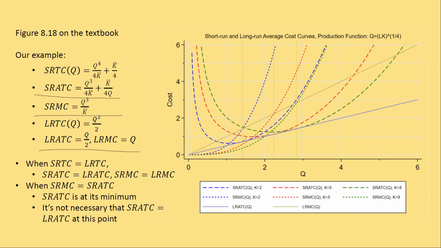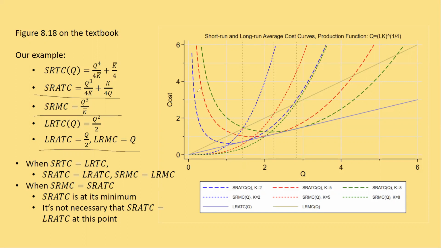So the first one is this pink point and the point over here. At the pink point, our short run ATC intersects our long run ATC.